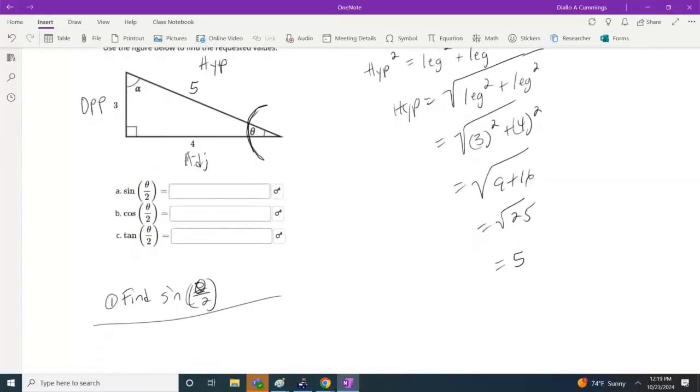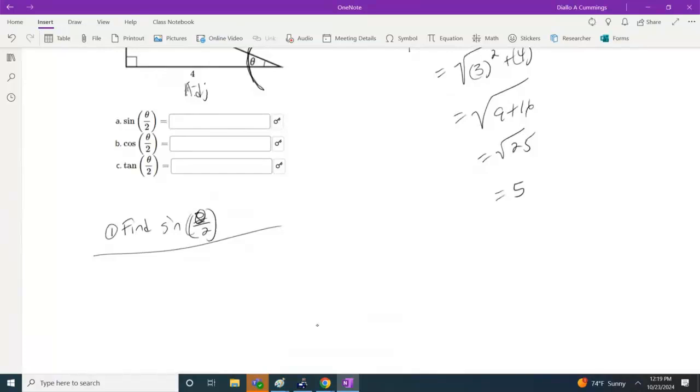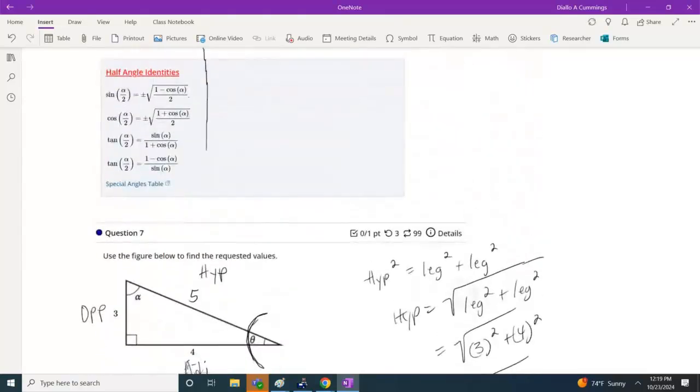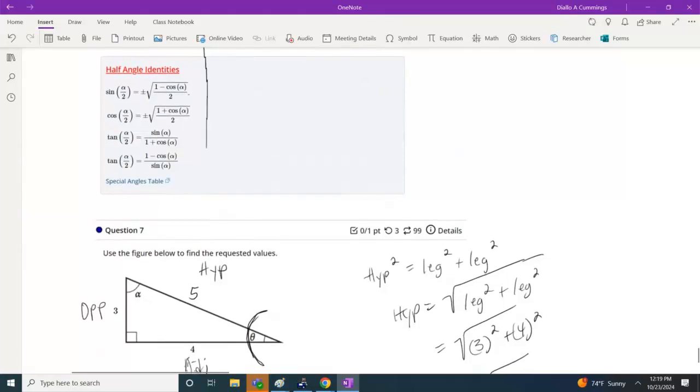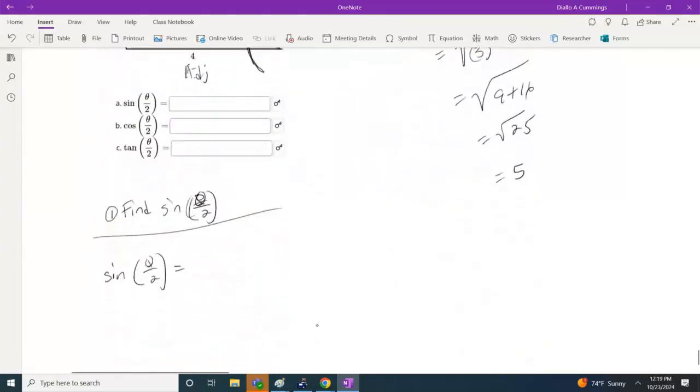I'm just going to write out the formula for the half angle for sine. So the sine of theta over 2, and if I go back up to my formulas, it should be the square root of 1 minus cosine theta over 2.